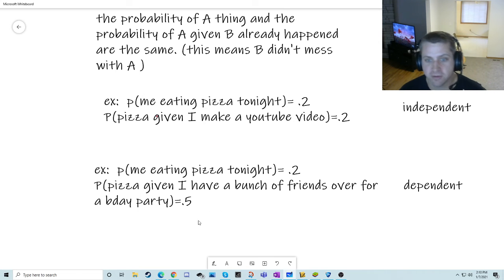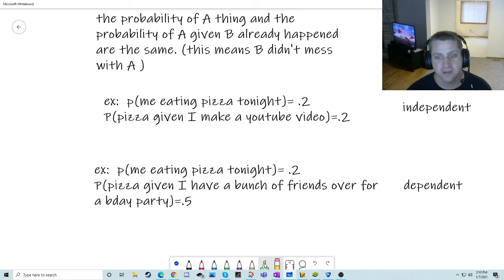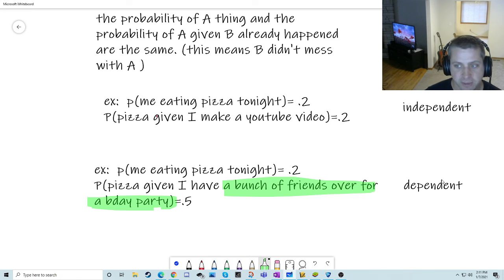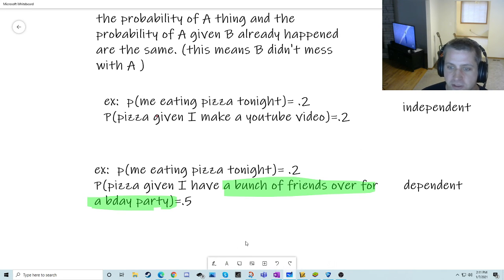I'm not making food for that many people. So pizza tonight, 0.2. Pizza if I have friends over, 0.5. Did the friends affect the pizza? Heck yeah. I invited them over, and now I'm all of a sudden more likely to eat pizza. That's dependent. So you can kind of see the difference between independent and dependent.